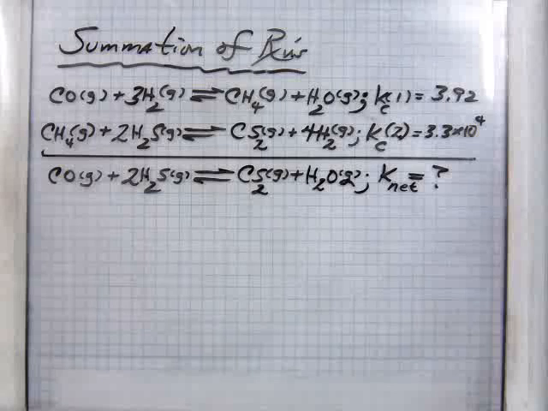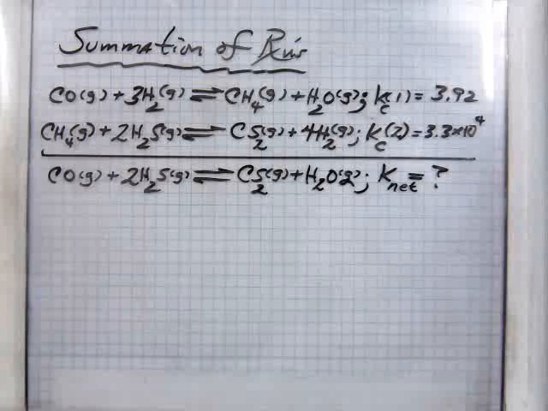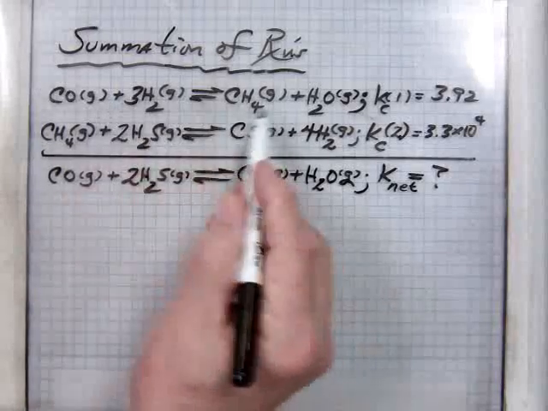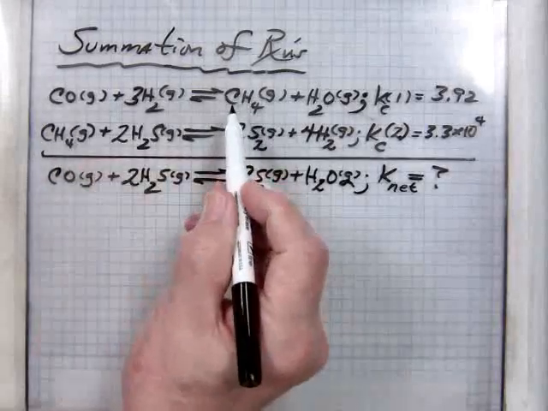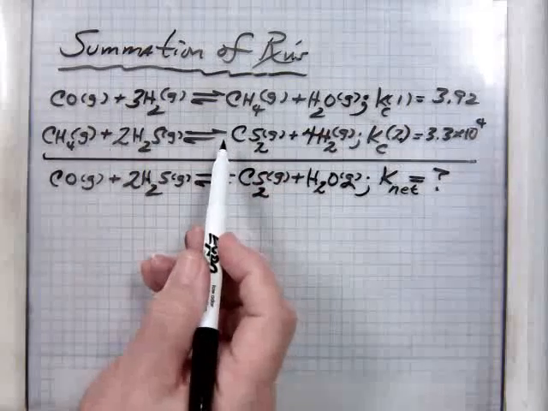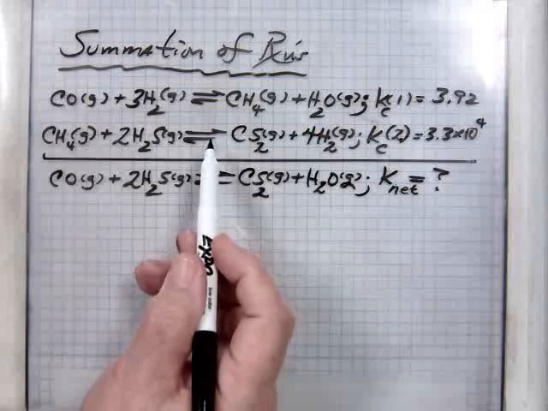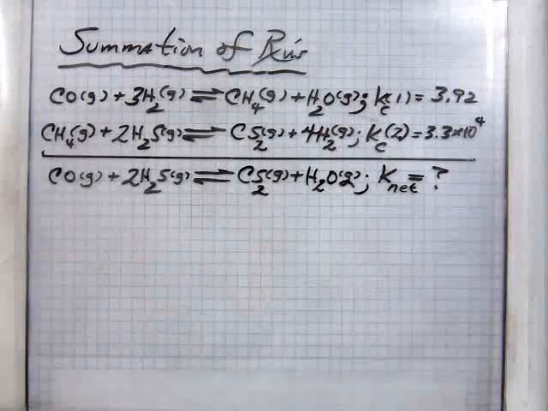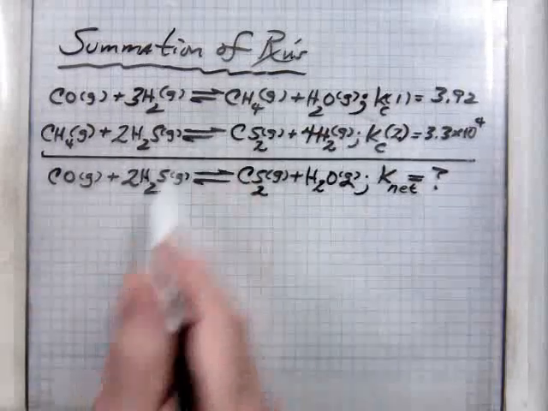Well, to analyze this and find the K value for it, you have two reactions going on. One is the carbon monoxide reaction right here, which you introduced into the reaction chamber, and this is the one you're feeding into the reaction chamber from, say, the drilling operation right here. Well, to get the net reaction, you add the two together.